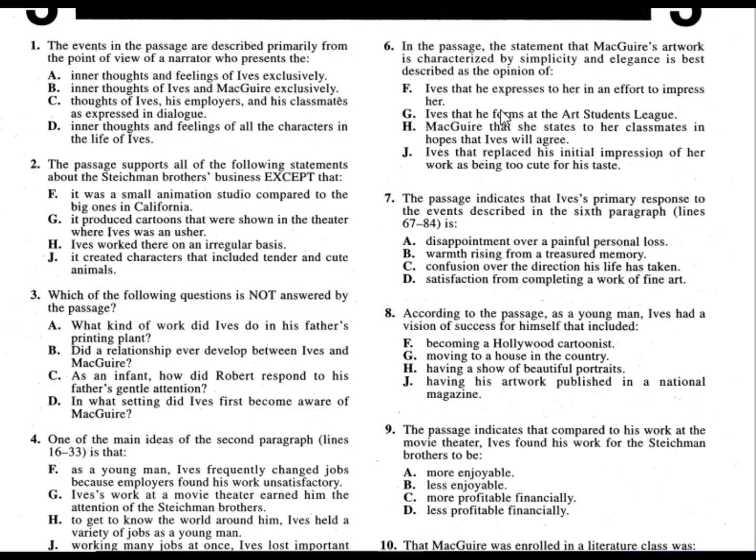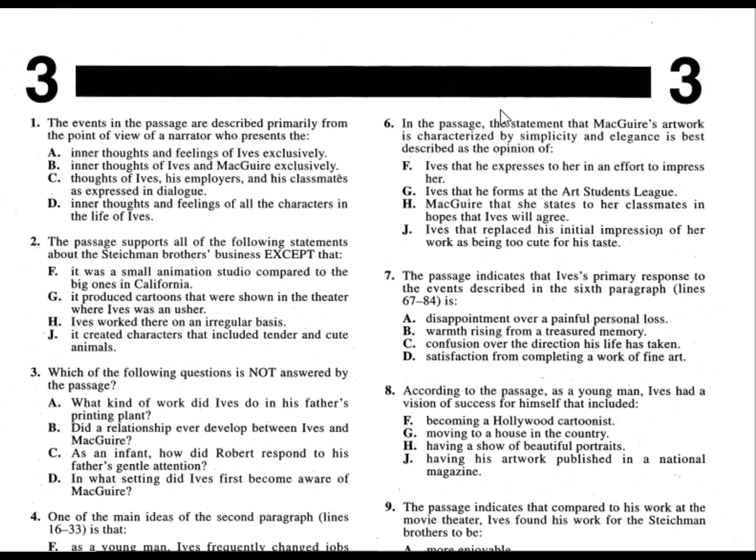So let's convert over to our tool that says look at the topic sentence. Here we are at line 75, and simplicity and elegance is in the middle of the paragraph. This middle of the paragraph area is there to support the top, which is the topic sentence. And here it says, thinking about Robert, Ives would always fondly remember those evenings he spent in 1948 at the Art Student League.